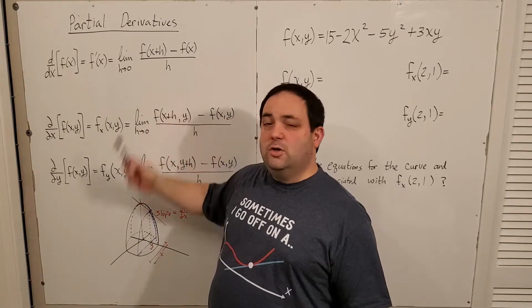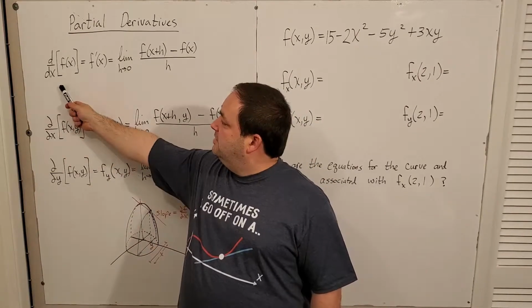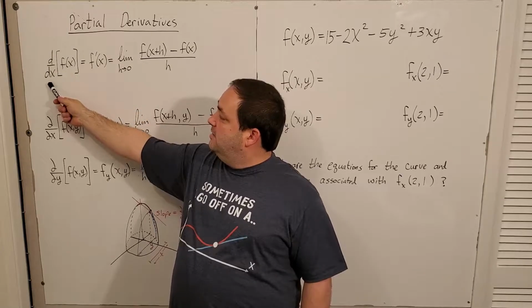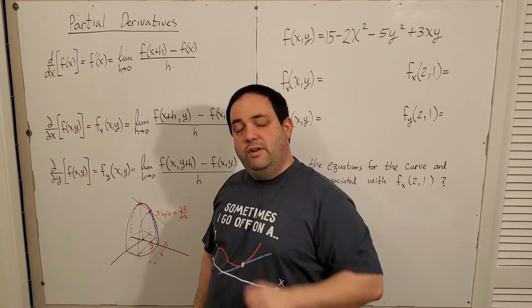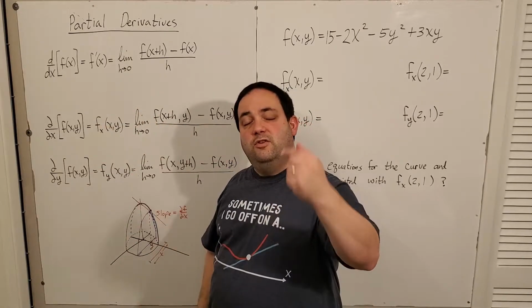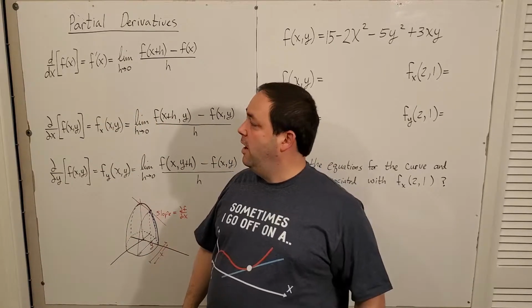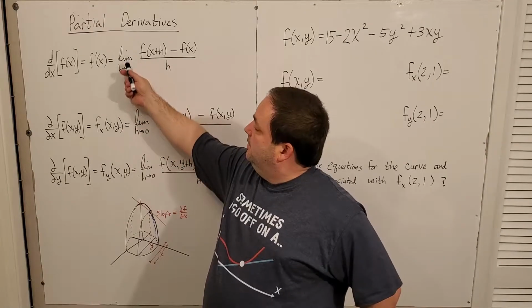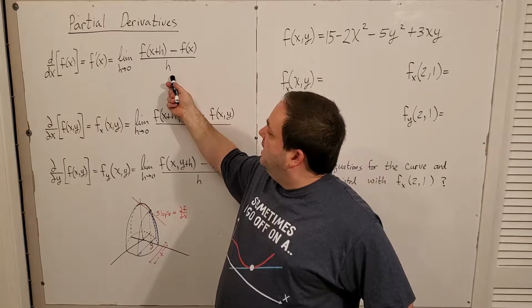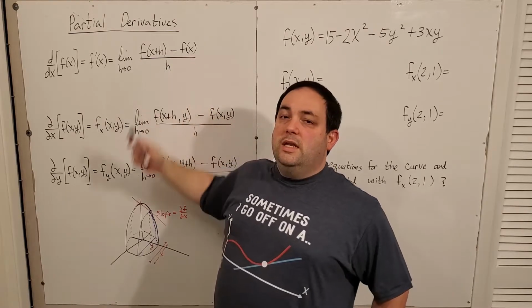I'm using the difference quotient version, and I've written some of the terminology that you're accustomed to seeing. d over dx is an operator, derivative acting on a function, and f prime is the derivative function, right? And it's the limit as h goes to 0 of f of x plus h minus f of x over h, where x is my independent variable.